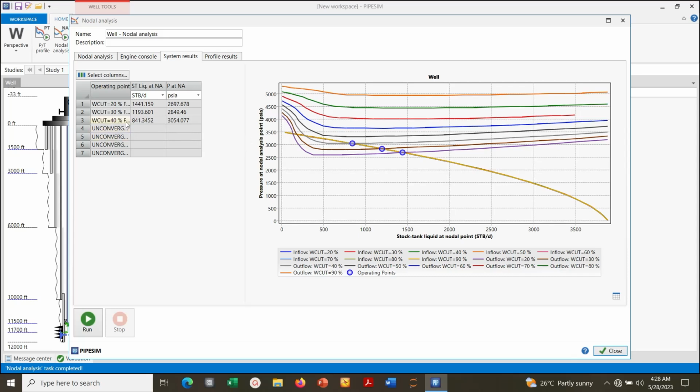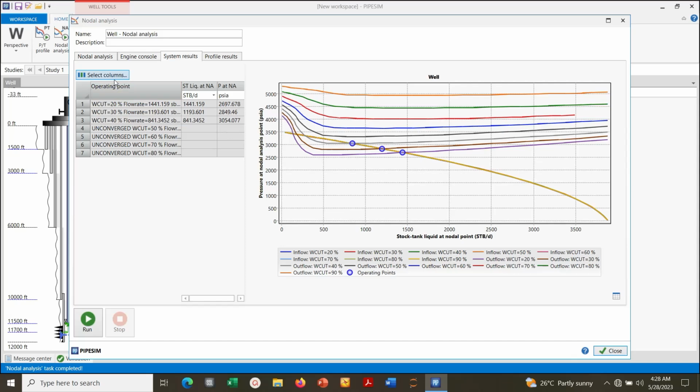Now we can see that there was no production at 50% of water cut. There was production at 40% of water cut at an interval of 10.